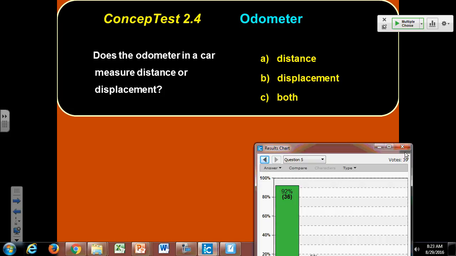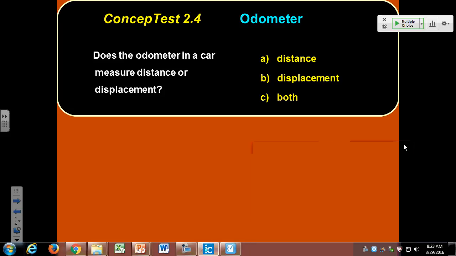Okay, awesome. A is right. It measures distance because there's no direction in that. If it measured displacement, when you come back to your original point, it would take away miles, and it doesn't.